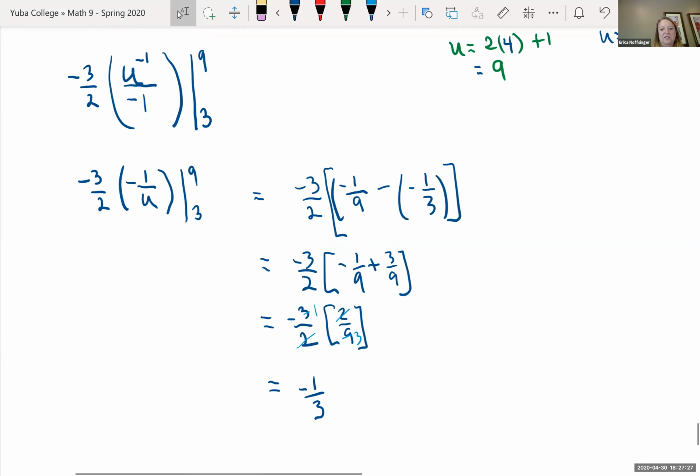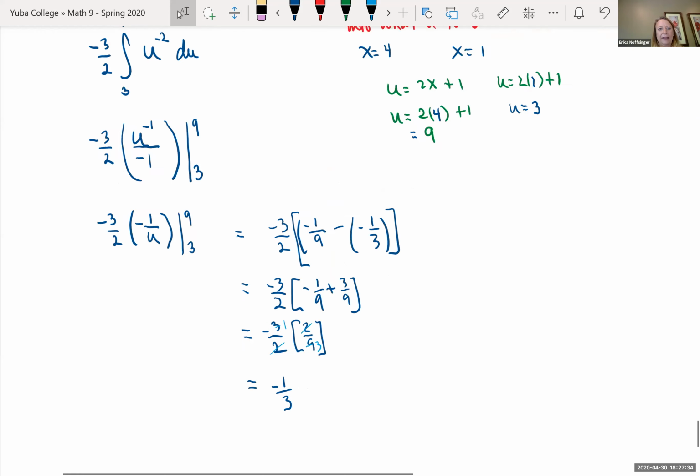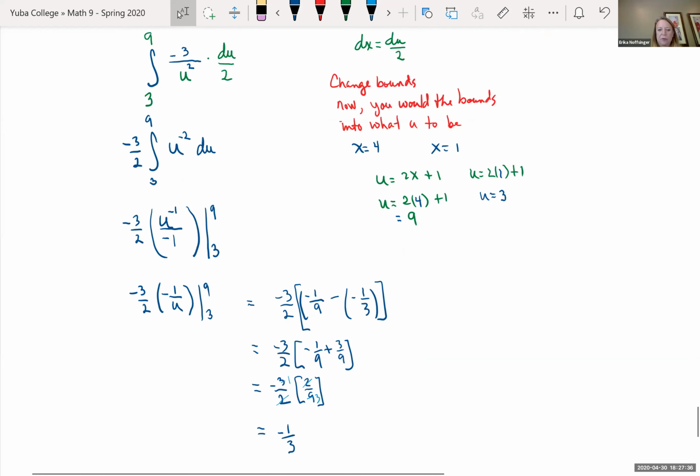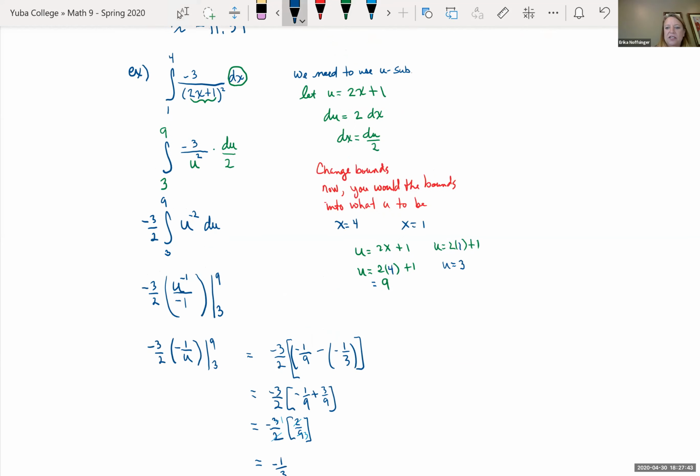Okay, so that was us doing it where we changed our bounds at the beginning. Let's go back real quick, and let's say we got to the point where we plugged in our u value. So if we had 1 to 4 of -3 all over 2x plus 1 quantity squared dx.